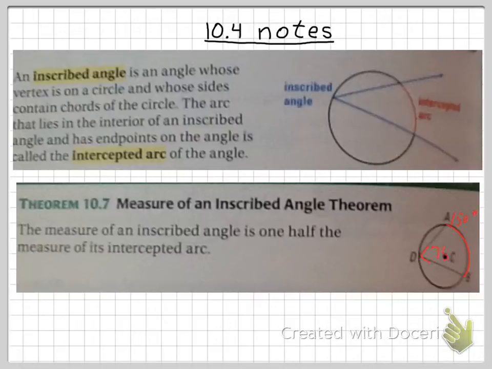It would be 75 degrees. So the measure of angle ADB is going to be 1/2 of the measure of the intercepted arc.